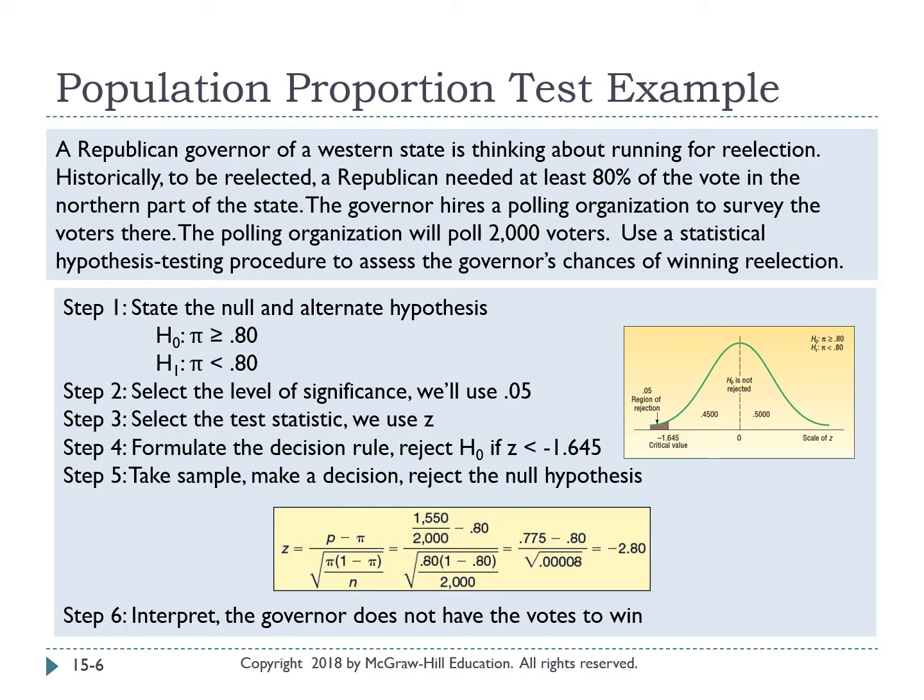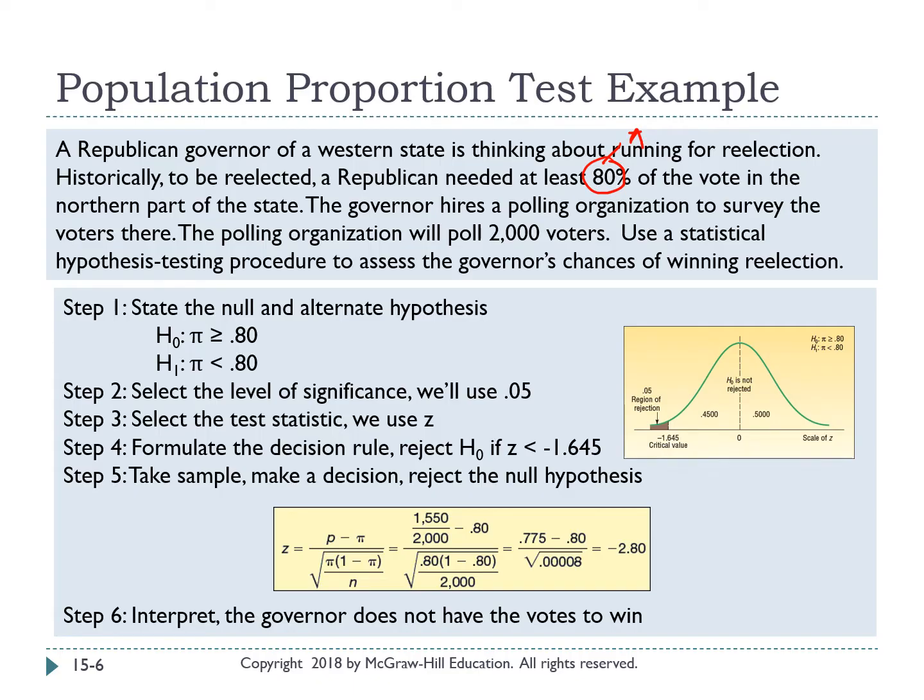A Republican governor of a western state is thinking about running for re-election. Historically, to be re-elected, a Republican needed at least 80% of the vote. So this 80% is our pi. So this governor need at least 80% to be re-elected. Okay, so the governor hired a polling organization to survey the voters.